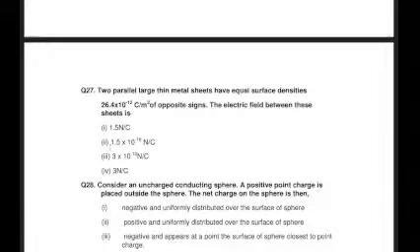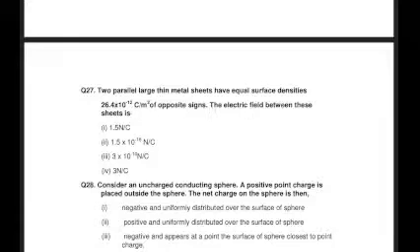Question number 27. Two parallel large thin metal sheets have equal surface densities of 26.4 × 10^-12 C/m² of opposite signs.